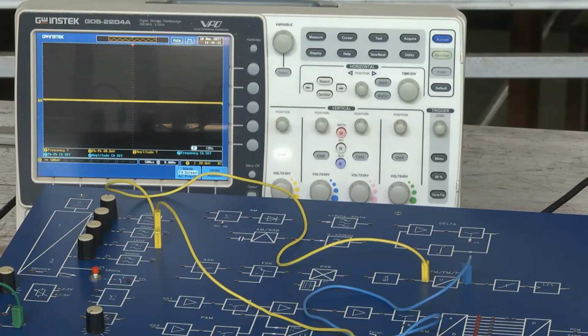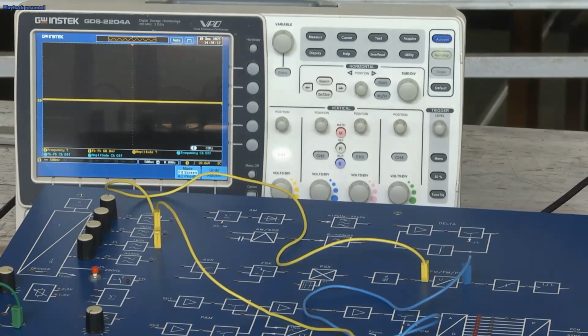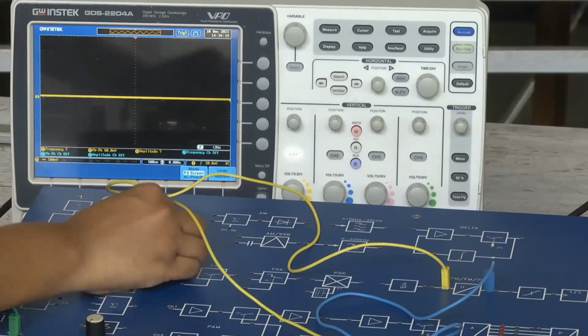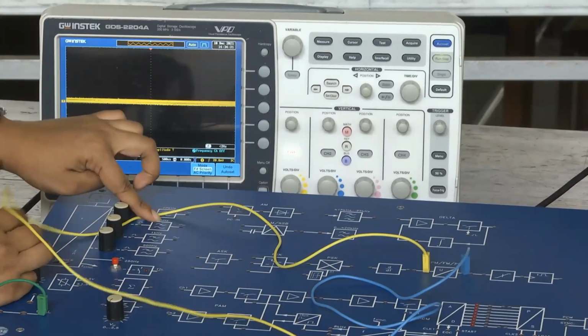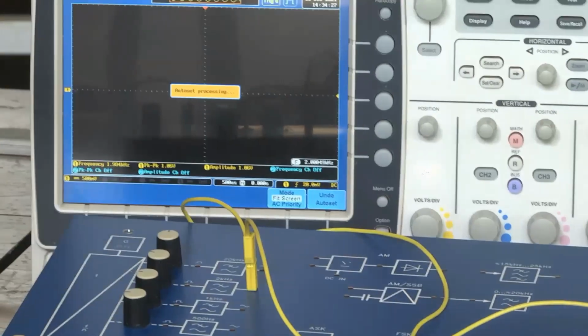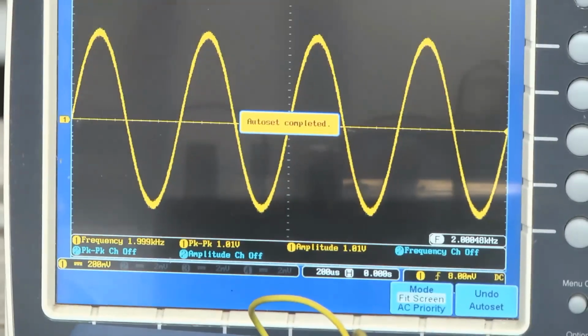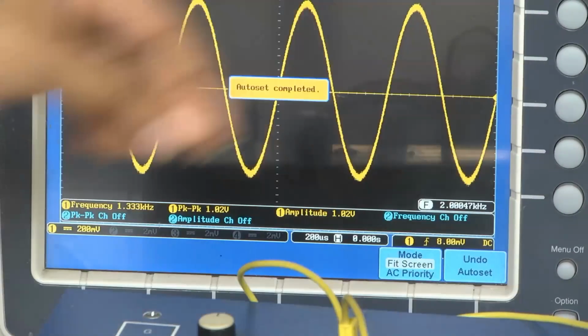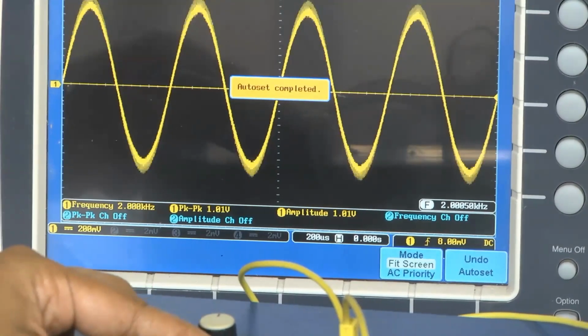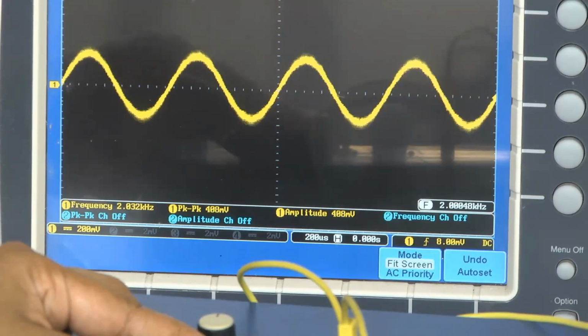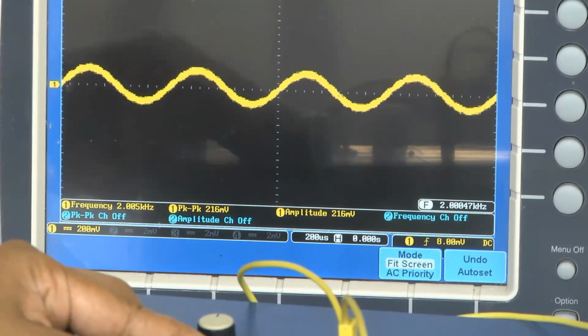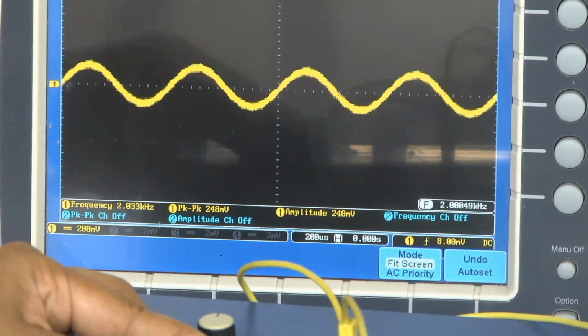Okay, so now we are going to change the input frequency to 2 kilohertz. For 2 kilohertz, we are changing the amplitude to 250 millivolts.